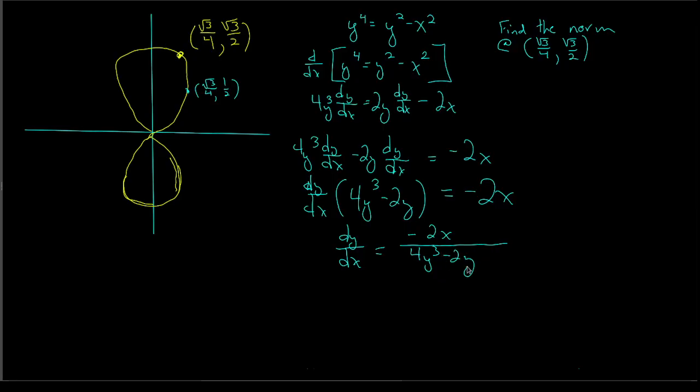And so now we have a function where we can find the slope given the two parameters of the point. And so we're going to evaluate dy/dx at root 3 over 4, root 3 over 2.